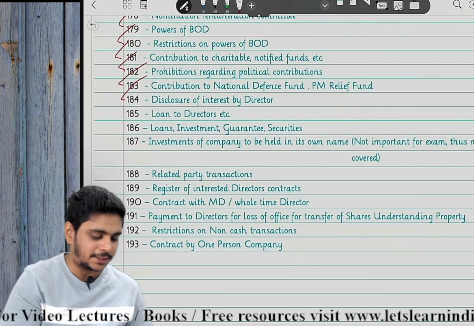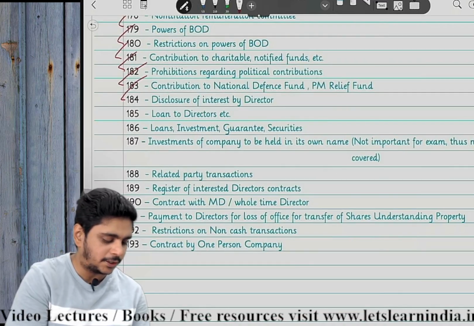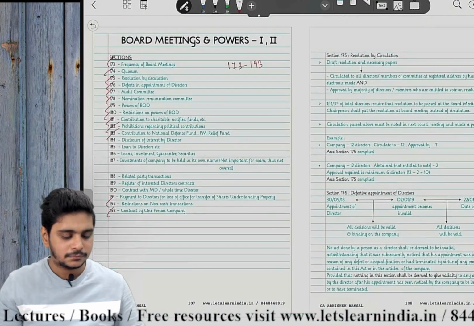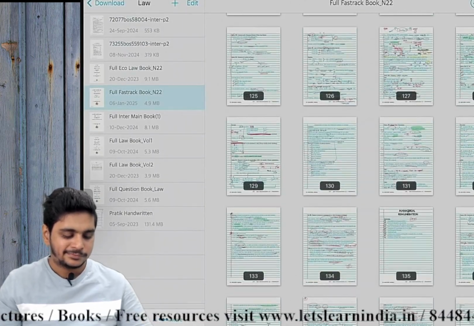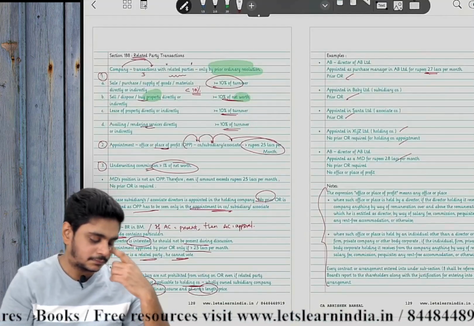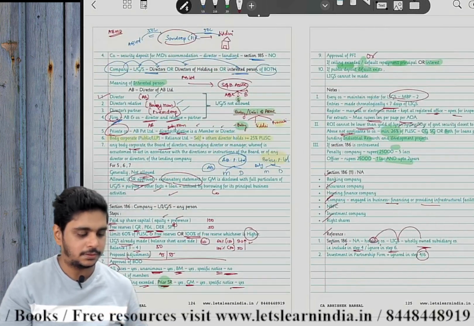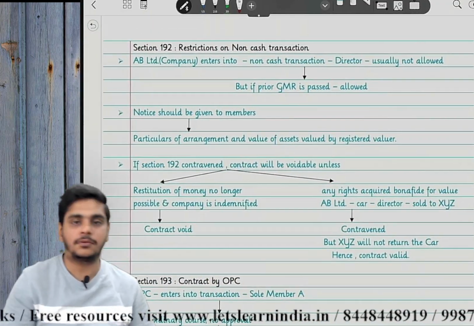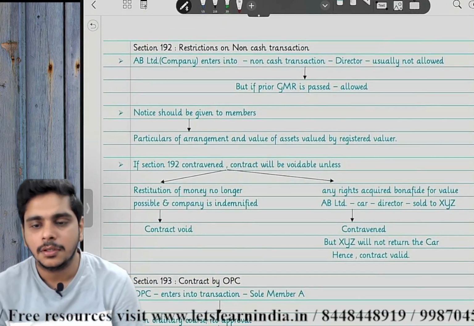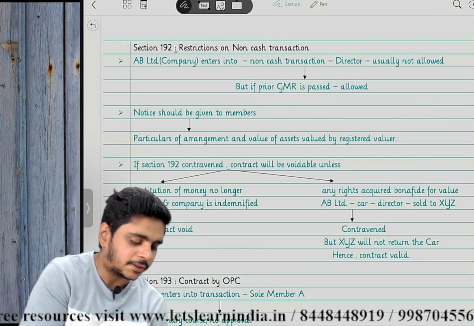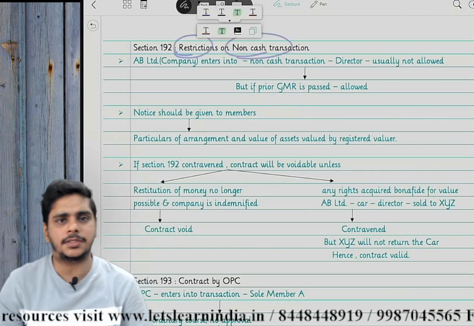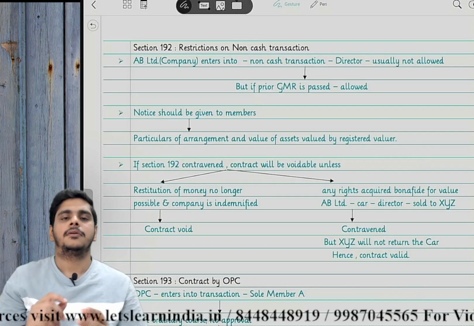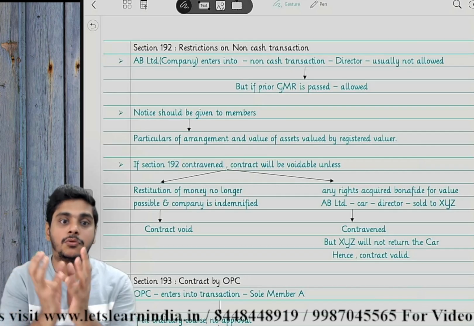Now we are doing easy sections 192 and 193. So 192 says restrictions on non-cash transaction. Money not involved, goods involved.